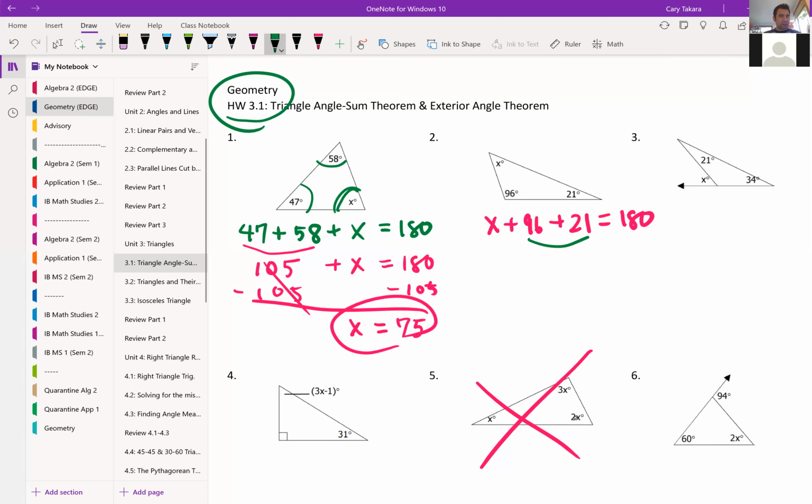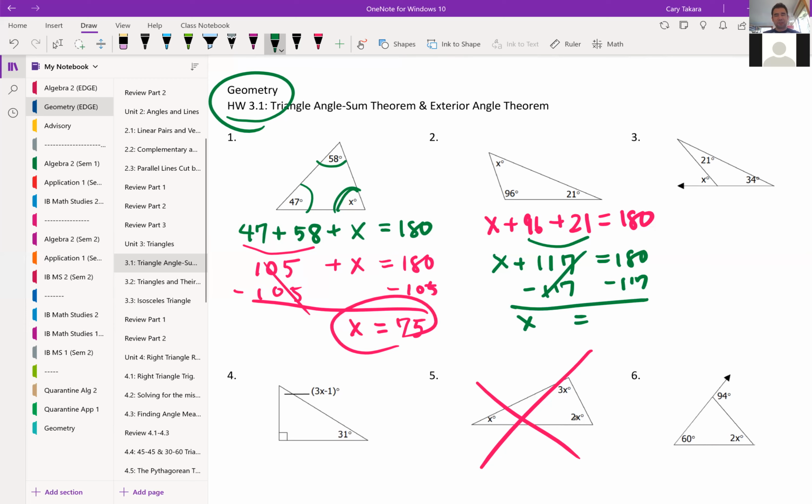96 plus 21, they are on the same side. Let's combine that. What is that? 117 equals 180. And then you subtract 117 on both sides.